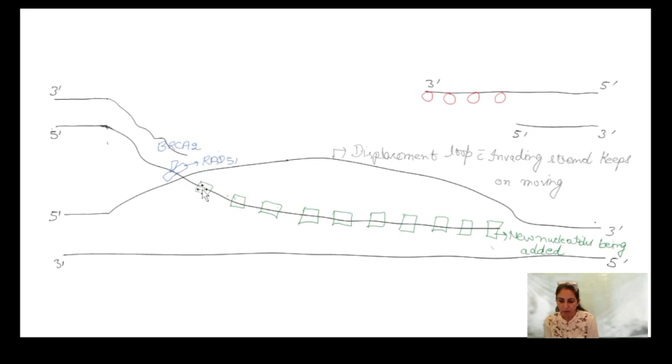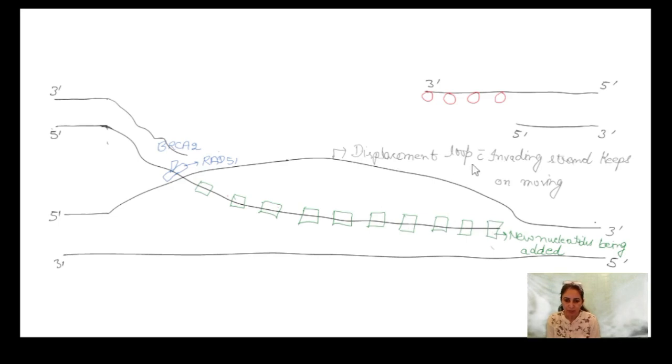Now new nucleotides are attached here according to the sequence present in the homologous DNA molecule. These are the new nucleotides which have been attached here with the help of DNA polymerase enzyme. This new chain formation results in the formation of a displacement loop.